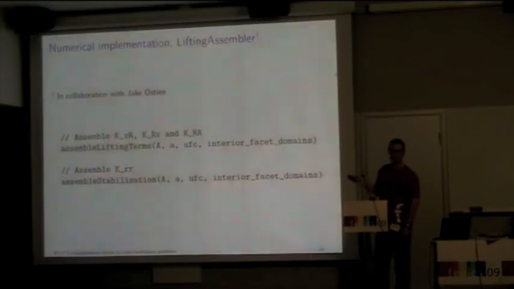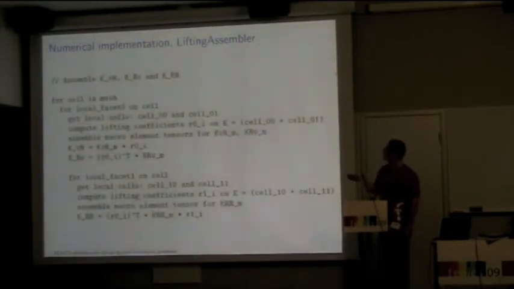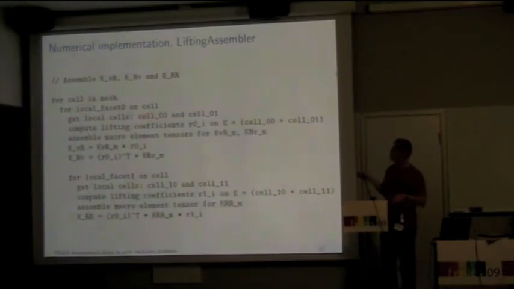So let me just run through some of the shenanigans for the lifting terms. So first we loop the cells of the mesh, then we loop the local facets on that cell, then we get the associated cells for that facet and compute the lifting coefficients on that macro element.